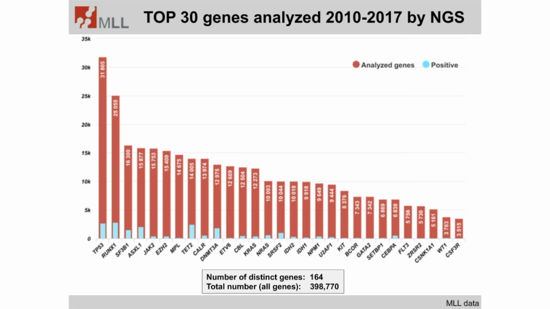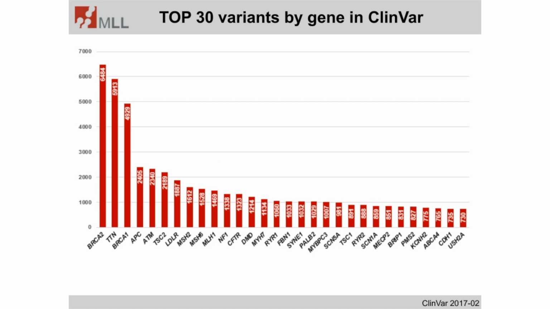If you then go to ClinVar, as shown on the next slide, and look for the top 30 variants that you can depict on ClinVar, gene by gene, you will be surprised that, at least from the hematological point of view, you are not seeing so many of the genes I showed you before, because this information is much more based on oncological diseases, cancers, solid tumors.